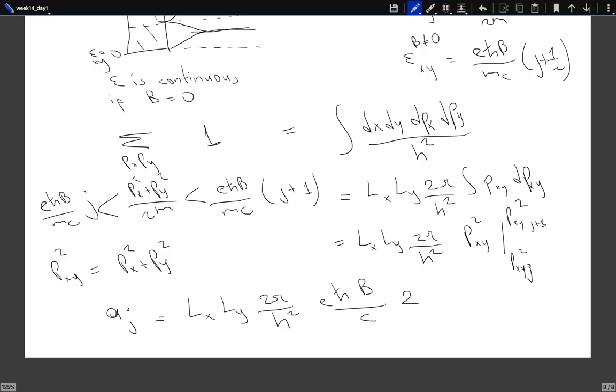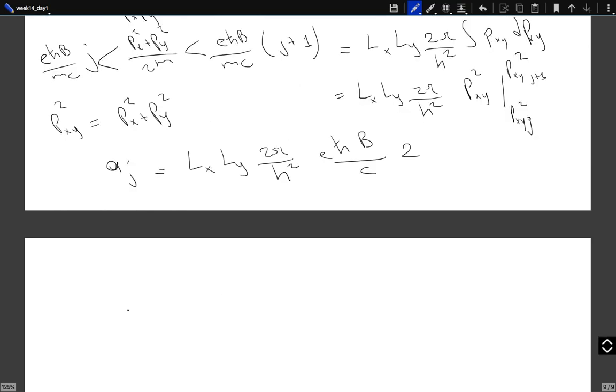Let's say aj, the degeneracy of the state that has the quantum number j, is independent of j. So aj is Lx Ly times 2eB over hc.